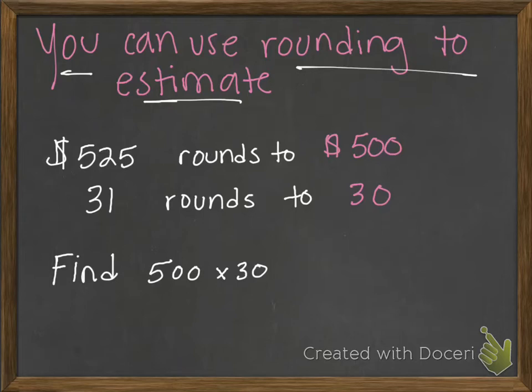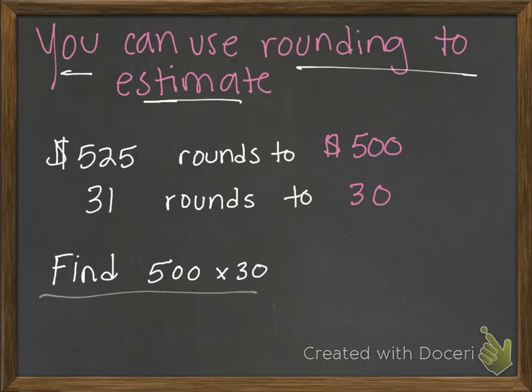Okay, we'll say the problem is each horse that Lily wants to buy is $525. She wants to buy 31 horses for some unknown reason. I would like you to estimate to find the amount that Lily would spend on horses. Pretend that's the problem. So basically we're just finding 500 times 30.